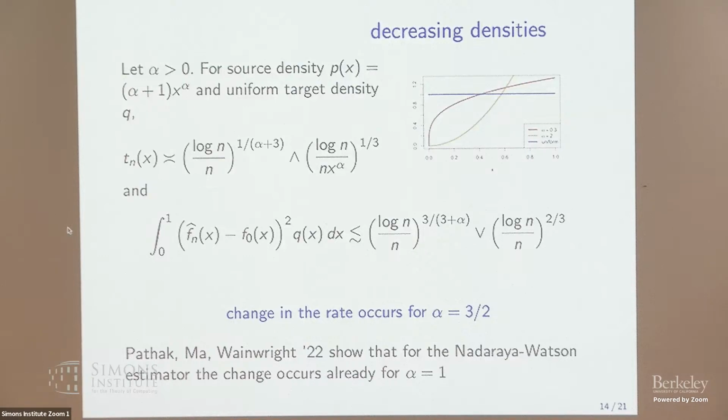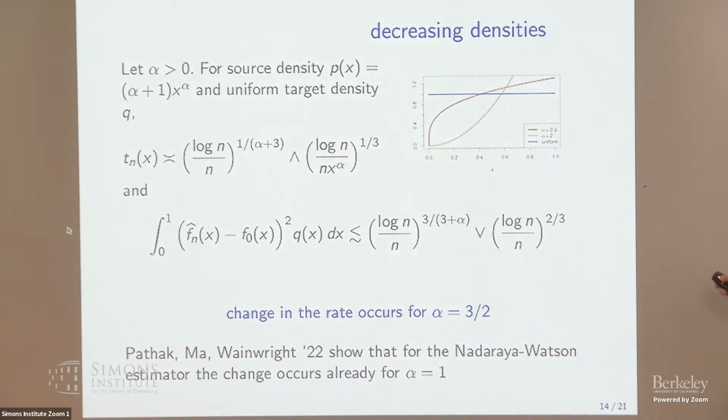Here's another example where the source density has very little mass near zero. The densities are plotted here, and the target density, the Q, is just a uniform distribution.